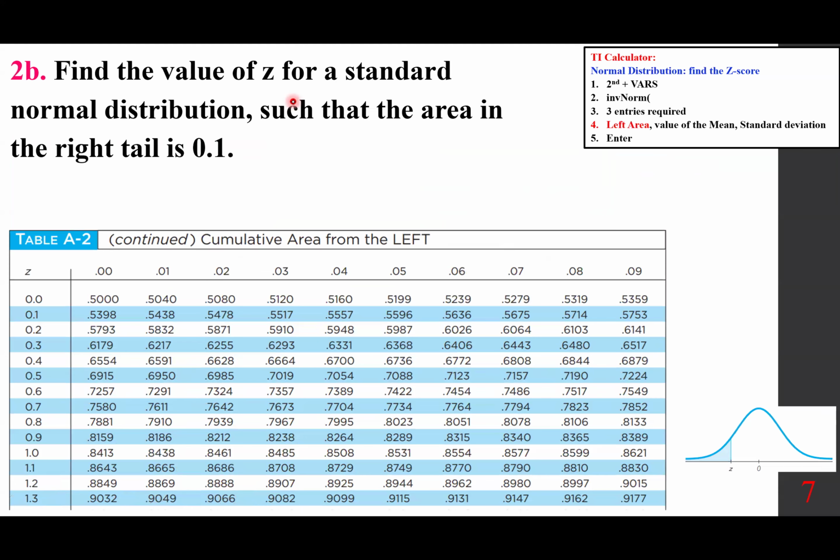All right, find the value of z for a standard normal distribution such that the area in the right tail is given, in this case, 0.1. You do a rough drawing, and the area in the right is 0.1. As you can see, the table reads it for the left, and therefore we need this area for the sake of reading.